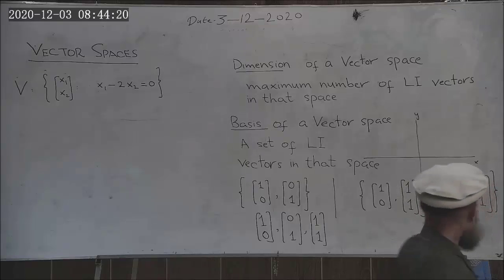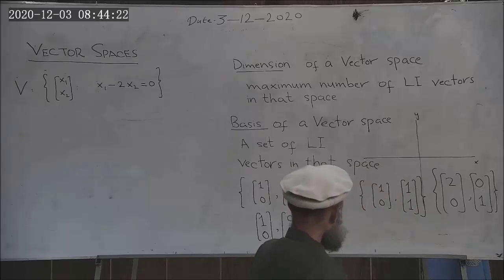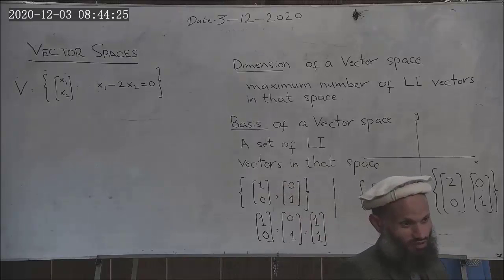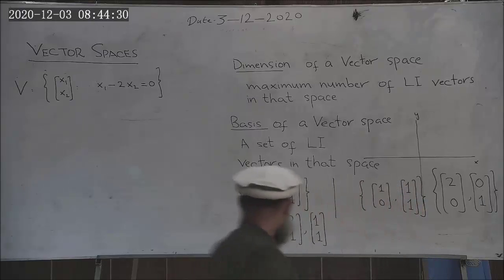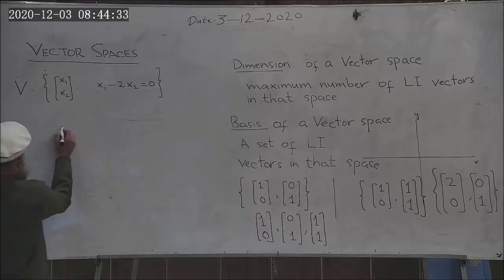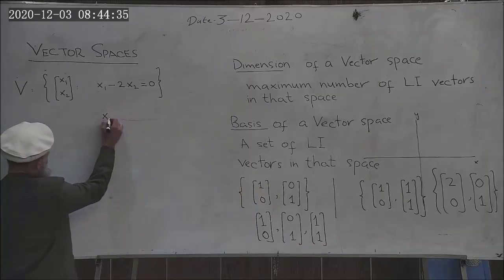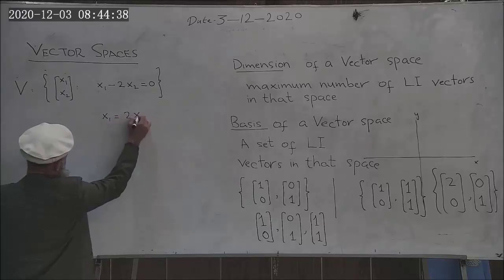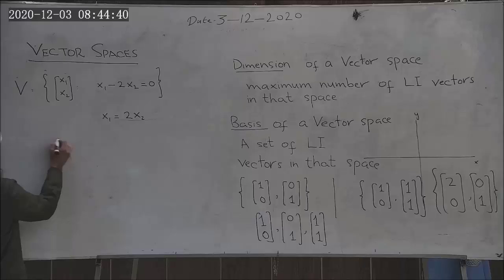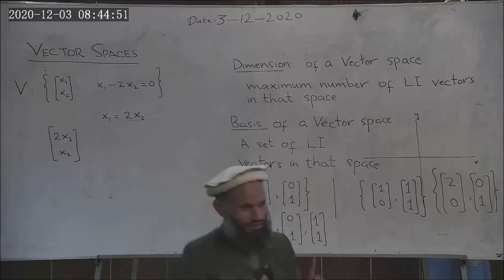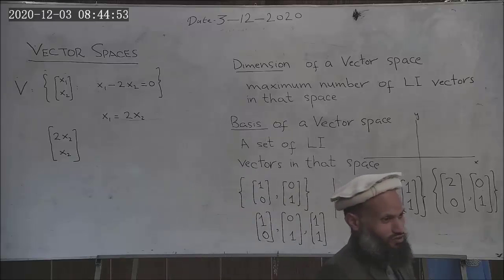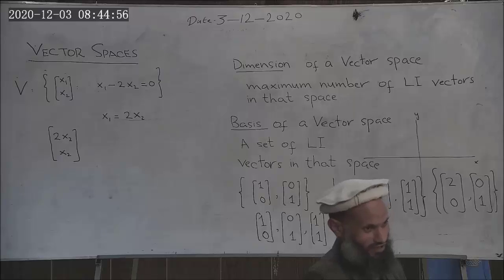So, what is the maximum number of linearly independent vectors in this space? Let's write it in the form we used in the last lecture. Here, in this set there is only one linearly independent vector.